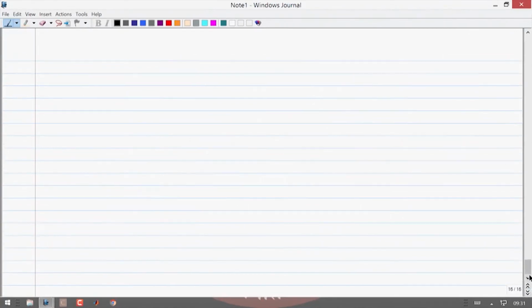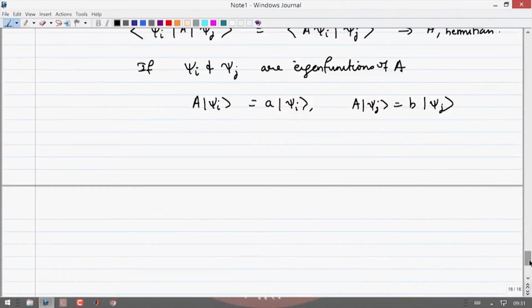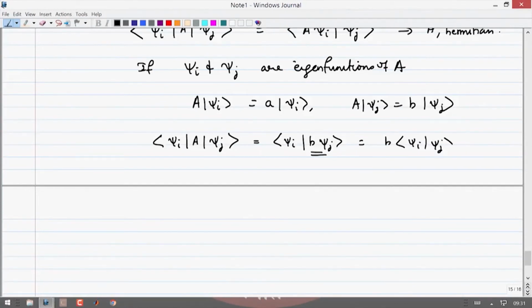Then you can see immediately that psi i A psi j is given by psi i with the constant B, psi j, and since this is a constant we can take it out, and it is on the ket, therefore we can take the constant as is: B psi i psi j.